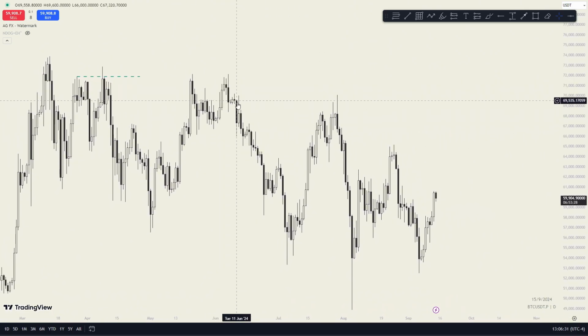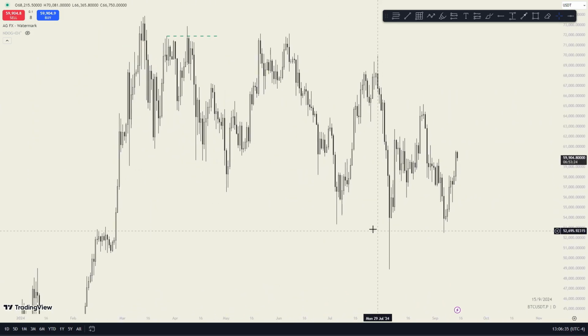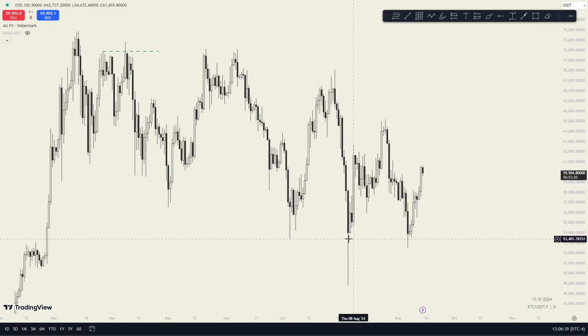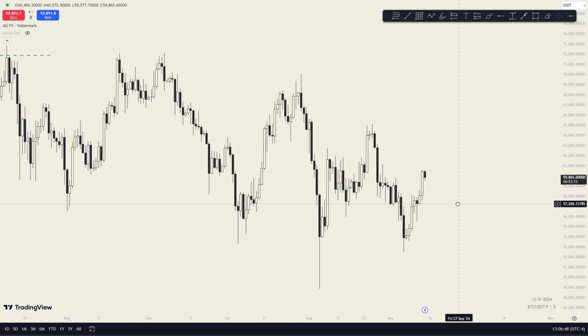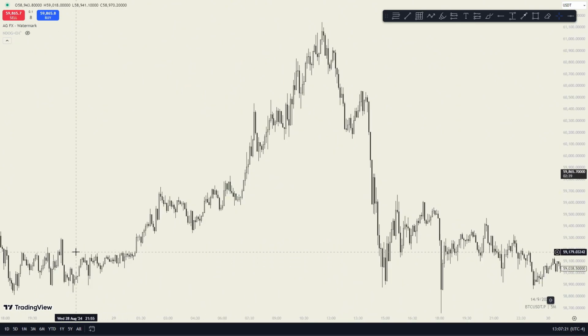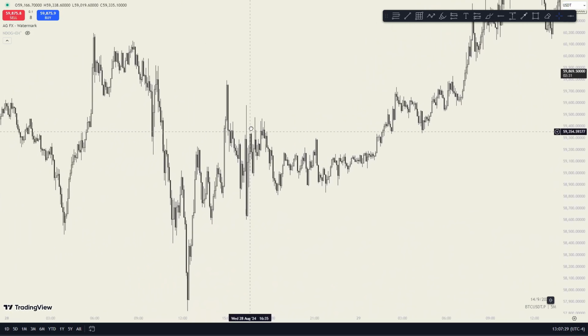So we break down lower, lower, lower, lower, lower. And here you can see that we created a sweep. So this high has to become weak, but the current trend is still bearish, so I'm not trying to predict the market right now. As you can see, here we started moving from consolidation. We can try to see a little bit more.